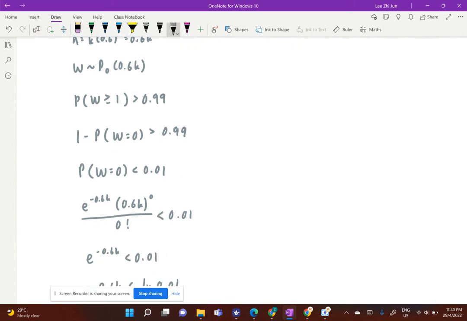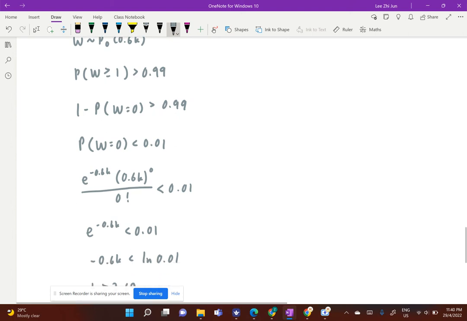It should be an inequality, 0.68. In this case, it's better for you to use this formula. So 0 factorial equals 1, and this power of 0 should be equal to 1. So you get e to the power of negative 0.6k.